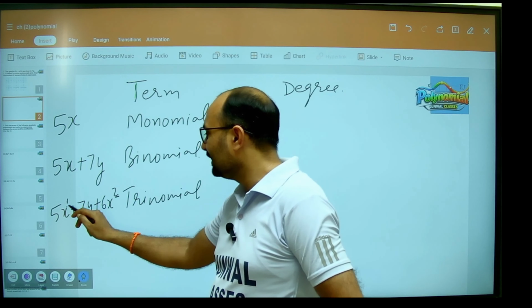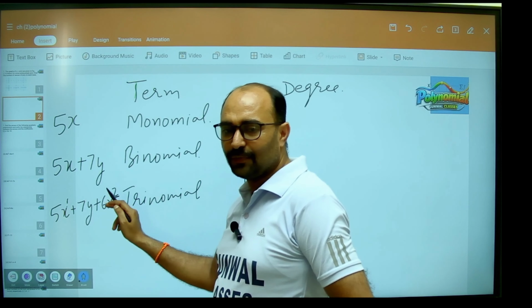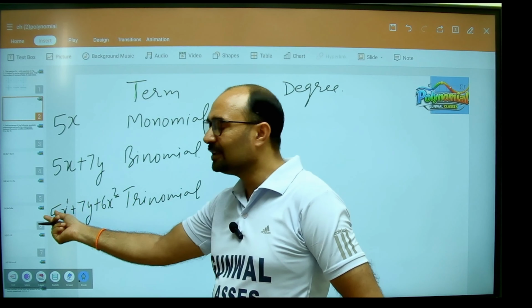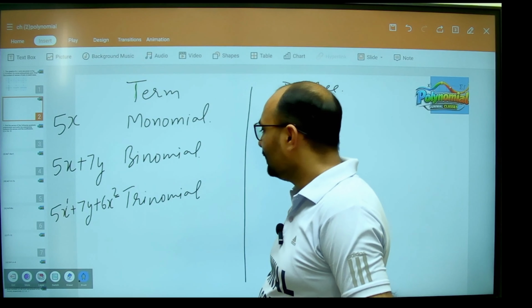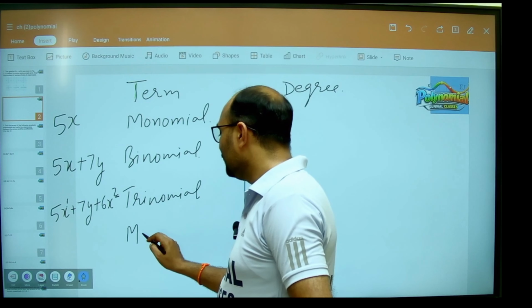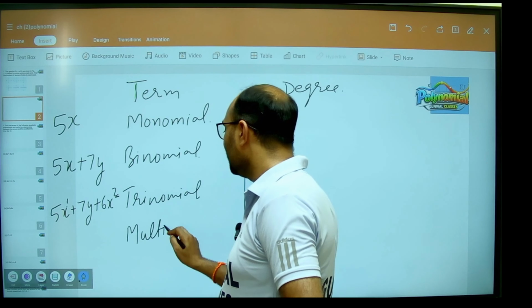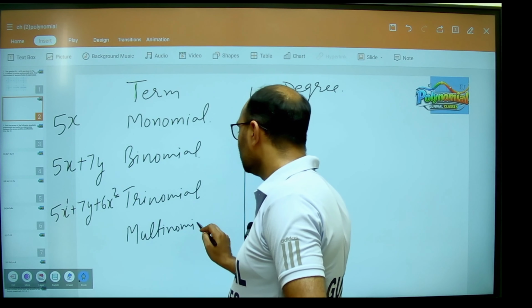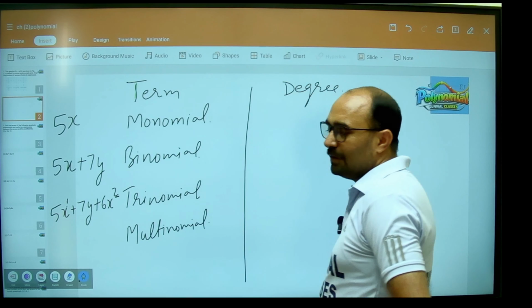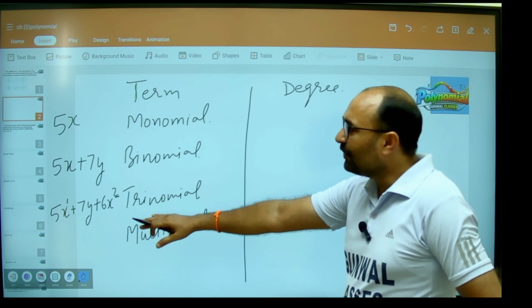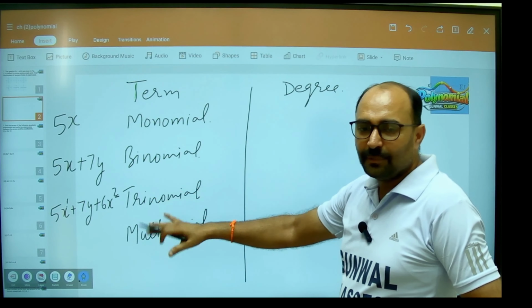Here 1, here 2. The exponents are different, so we consider them different terms. Multinomial, three or more than three terms. On the basis of terms, we classify them as monomial, binomial, trinomial, multinomial.